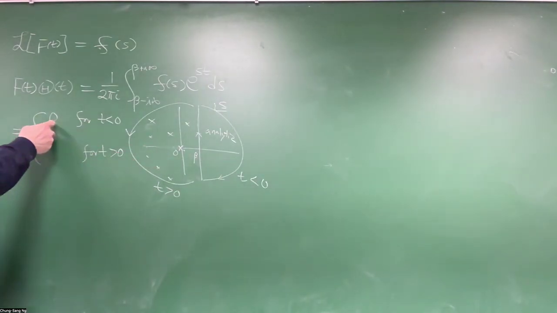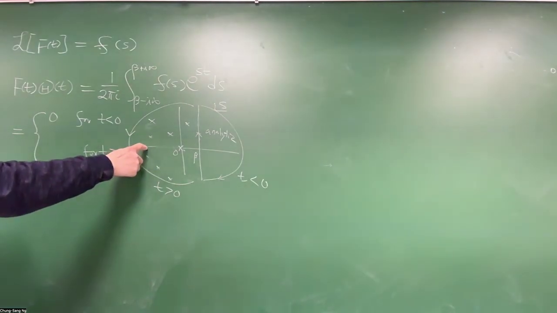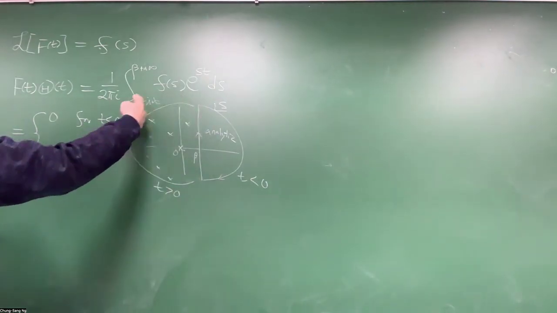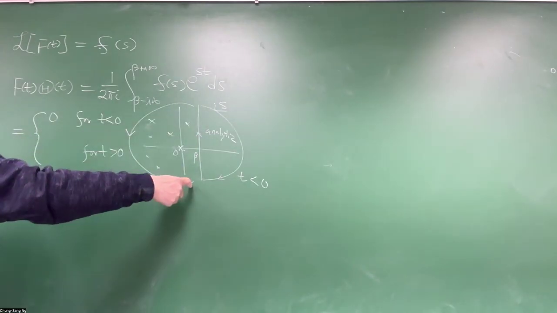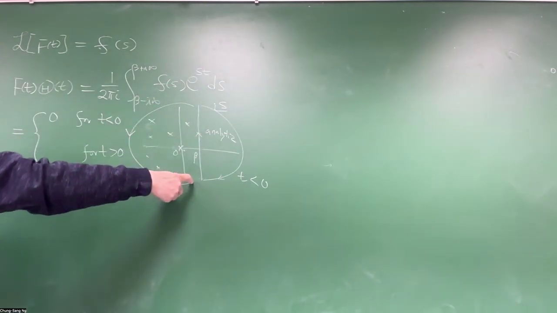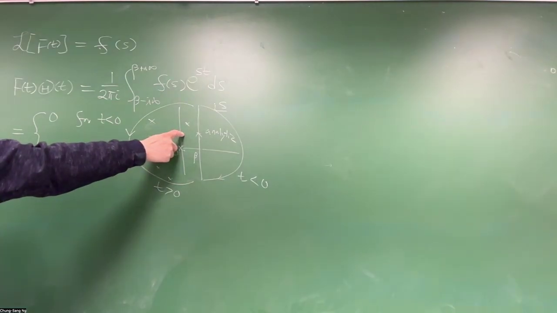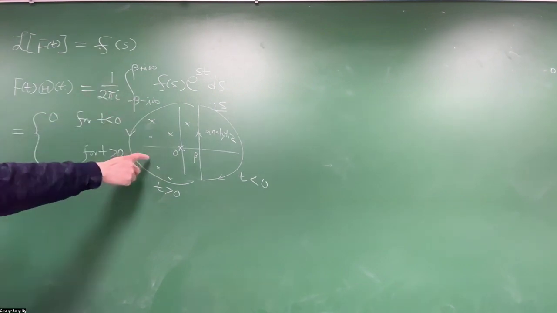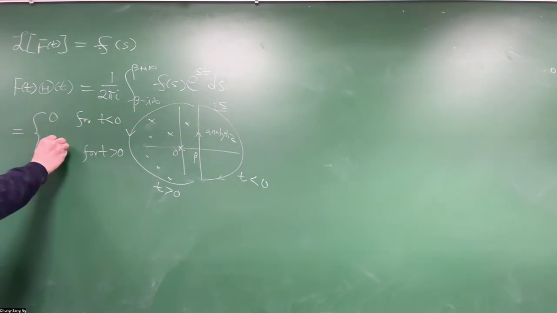Then the result would be 2 pi i times the sum of the residues, because this is a positive loop integral. We already have a 2 pi i in the denominator, so the rest is just the sum of the residues.